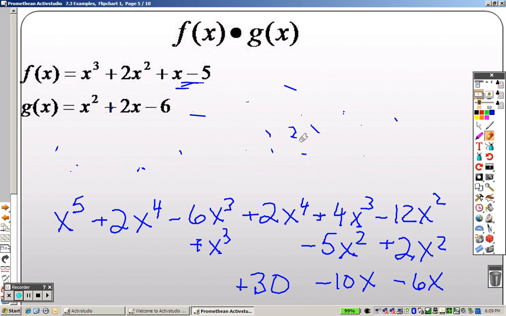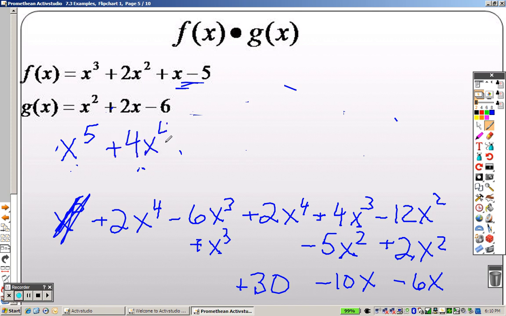So we have to combine all of our like terms, and doing this, I have no other x's to the fifth. So there we are. 2x to the fourth and 2x to the fourth, so that's 4 x's to the fourth. I have negative 6 x's cubed and an x cubed, so that's negative 5. And negative 5 plus 4 is negative 1, so I have negative x cubed.